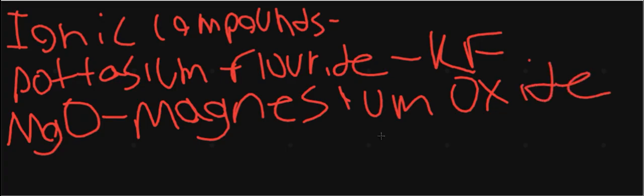Now, again, with the pattern recognition, if you're noticing, on each of the anions, the anion is the second element. It ends with "ide." So when you're writing ionic compounds, the metal in the compound keeps its name, whereas the anion ends in "ide."